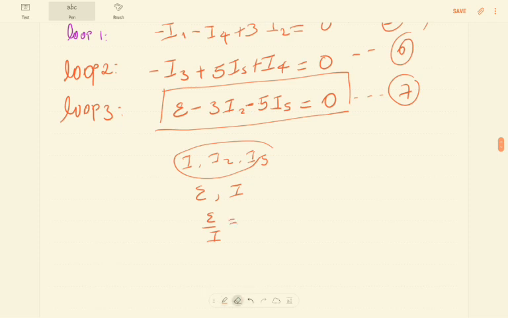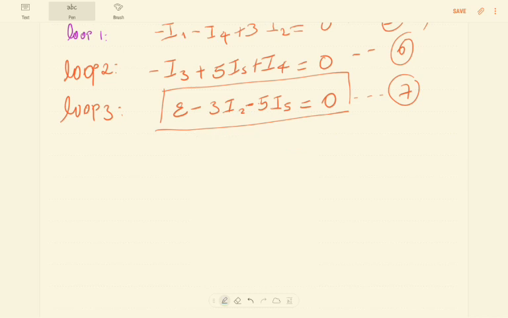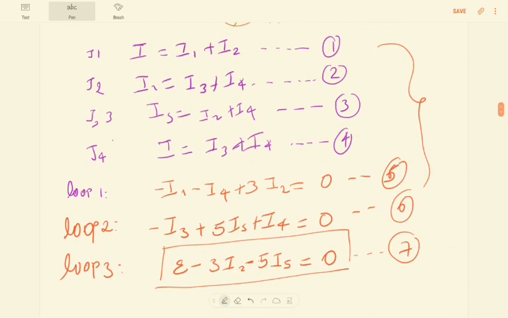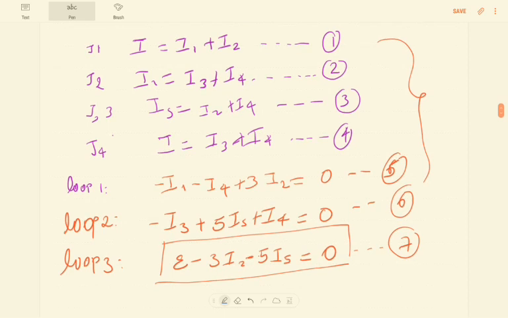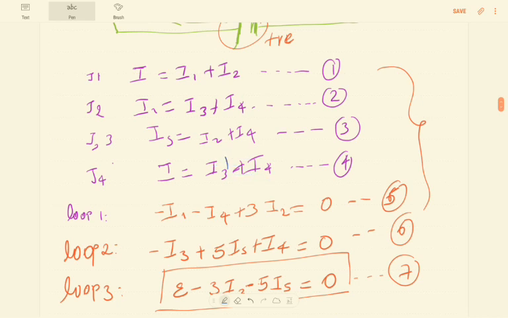Let's just make a little substitution. On this part let me use blue pen. Now after finishing the basic things, the next thing is in equation 4. You would see I3 in terms of I and I4.